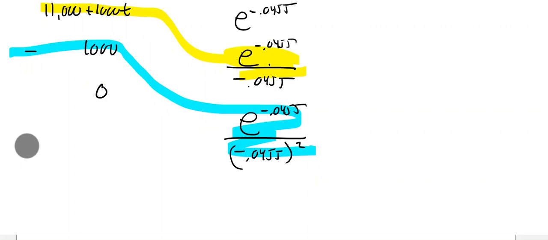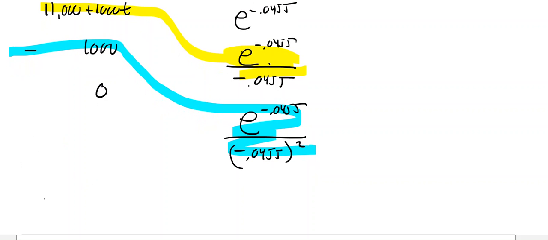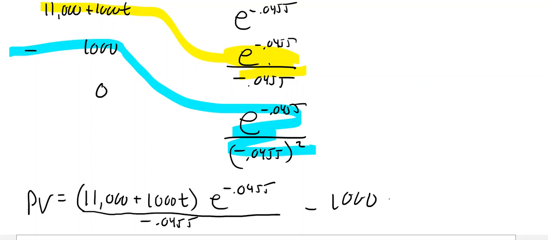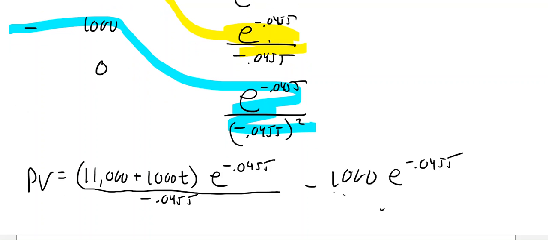Well, our present value is going to be equal to 11,000 plus 1,000t times e to the negative 0.0455t, and all of that is divided by negative 0.0455, minus 1,000 e to the negative 0.0455t divided by negative 0.0455 squared, which will then become positive.